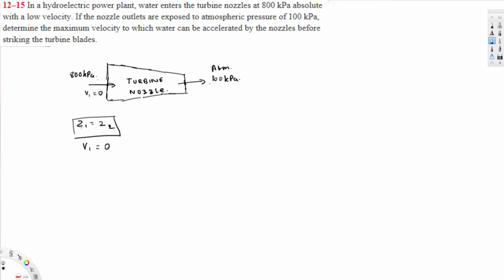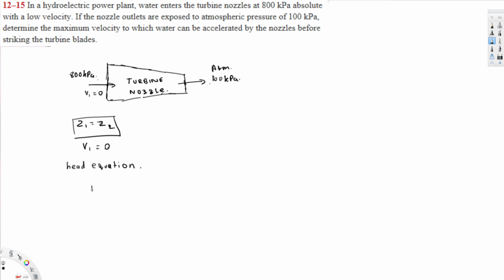Since these two heights are equal, we can take Bernoulli's head equation. That will make everything easier because we can cancel these two elevations, right? So let's take the head Bernoulli's equation.